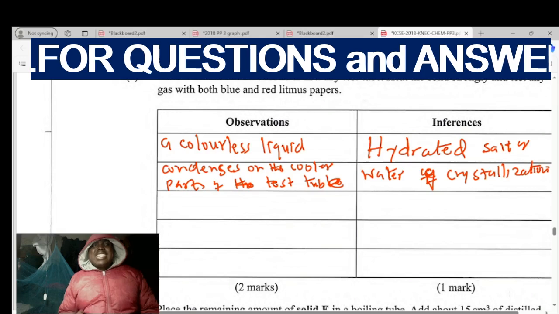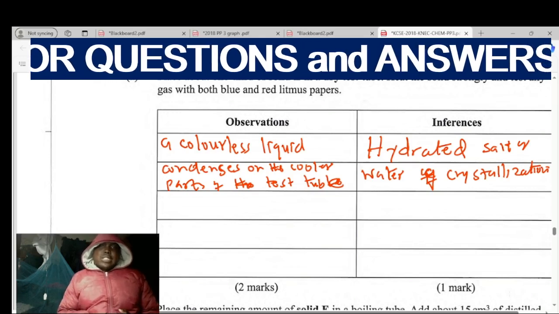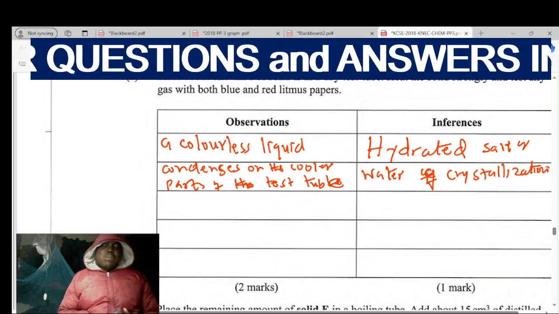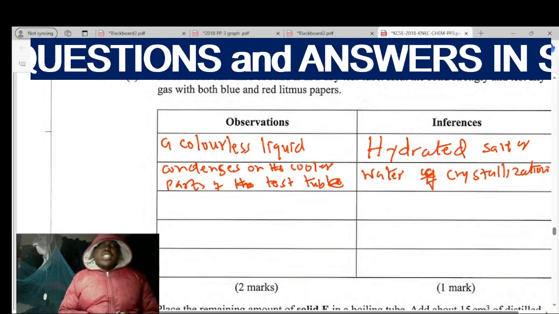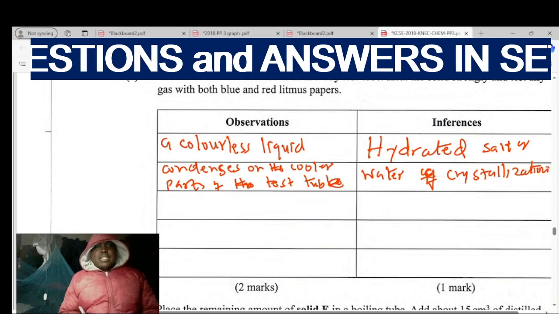What happened? Did the litmus paper change to blue or not? Did the blue litmus paper remain blue or change to red? You need to tell us.